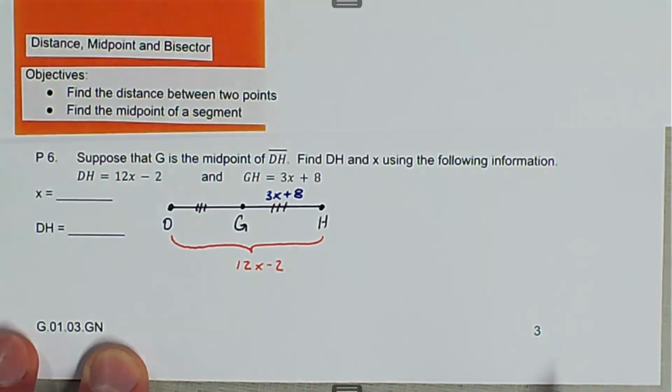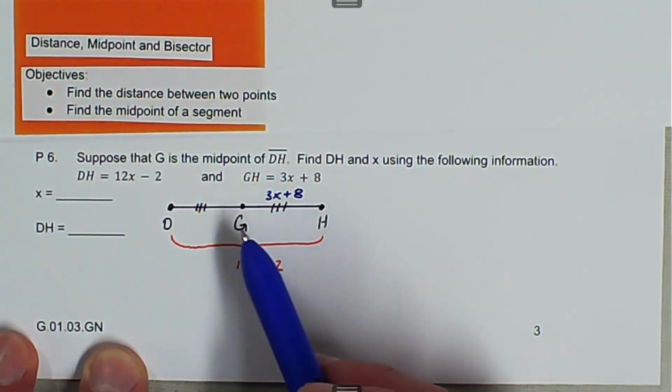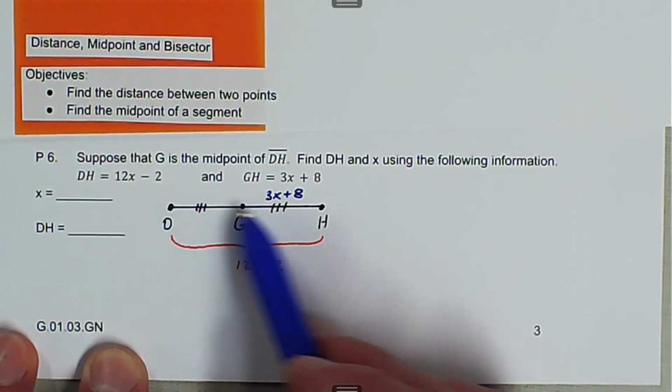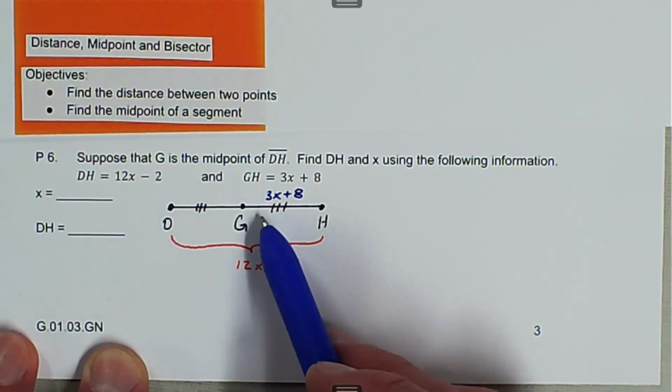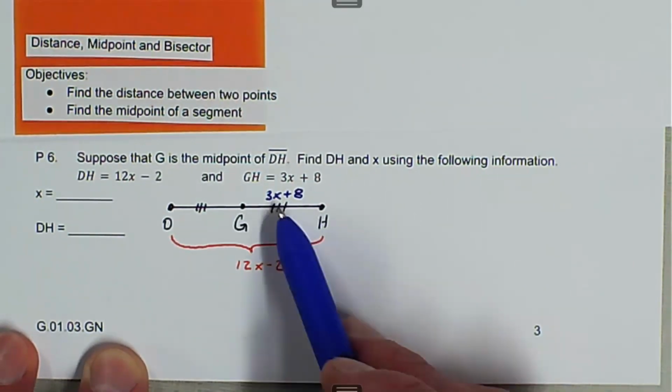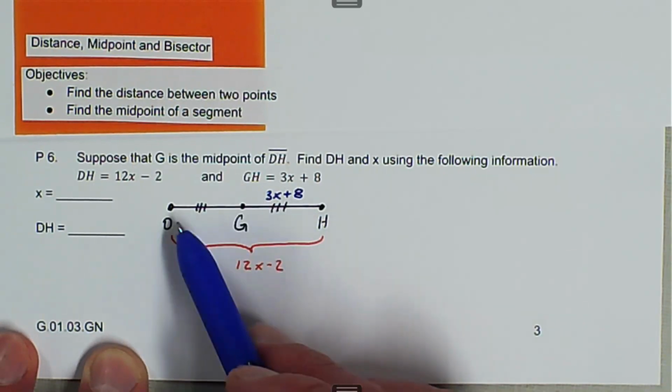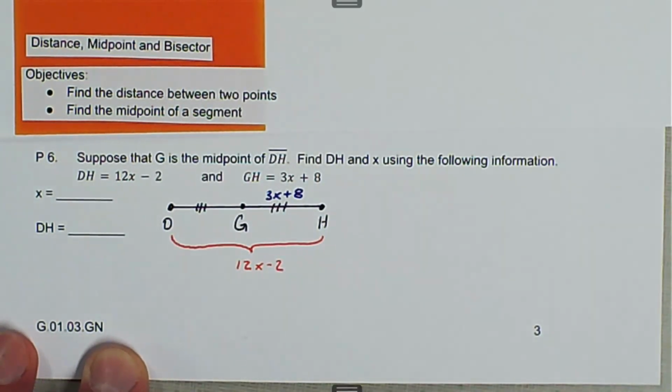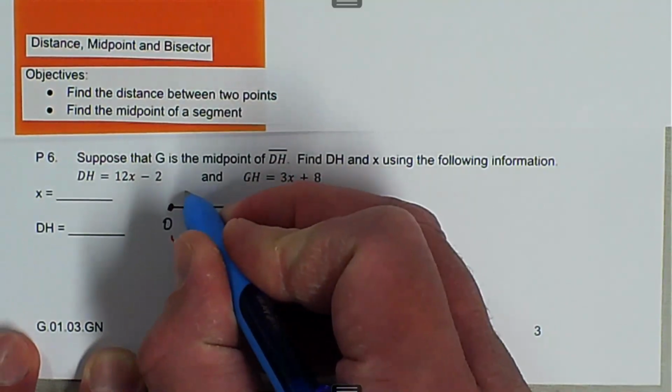So we almost have enough information to get going. We have to add one more piece right here, DG. We need to know the length of DG. And because of these congruent marks here, we know that GH is 3x plus 8, so then also DG is equal to 3x plus 8.